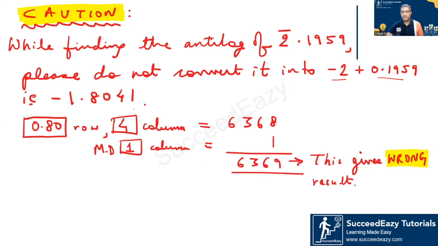The reason is that if you use this format, and take the first 2 digits as 0.80 row and then the fourth column, you are going to end up with a number which is the wrong result. So this is not recommended. It doesn't work like that. This is a word of caution for you.